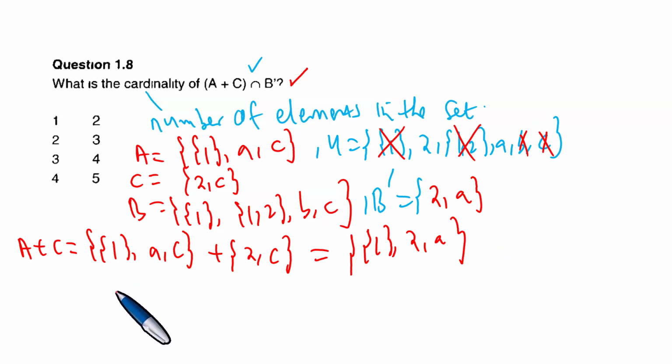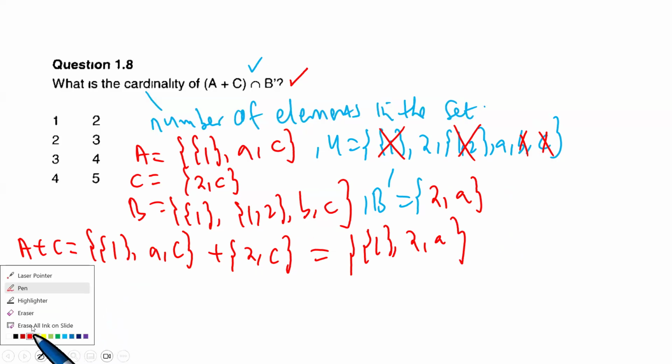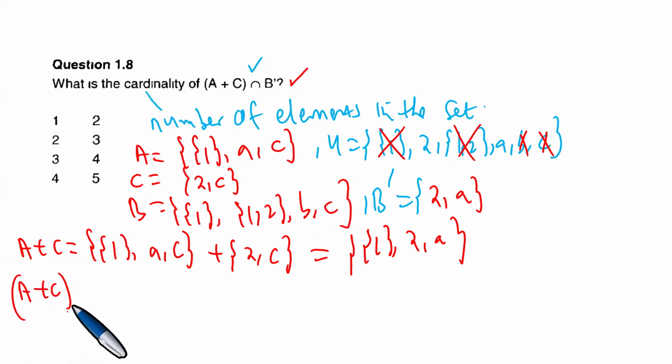Okay, now let us ponder on this and reason this out. So that is the set. If we have A plus C, but we're taking the intersection with B complement, what is A plus C?